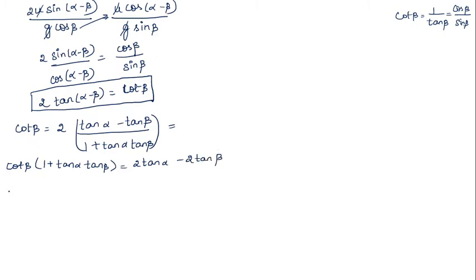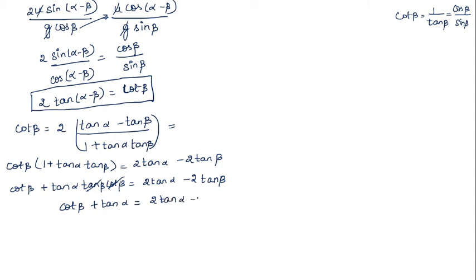Okay, so this will be cot beta plus tan alpha tan beta cot beta is equal to 2 tan alpha minus 2 tan beta. See this, tan beta and cot beta are inverse, so this will get cancelled. So only one tan alpha is here. So it is cot beta plus tan alpha equal to 2 tan alpha minus 2 tan beta.